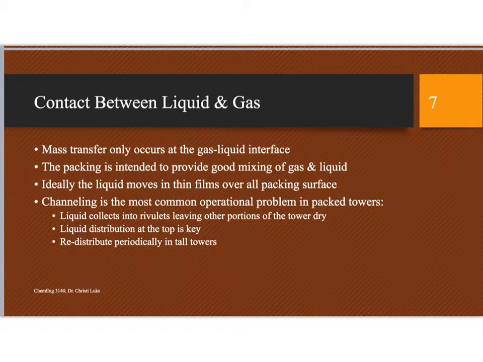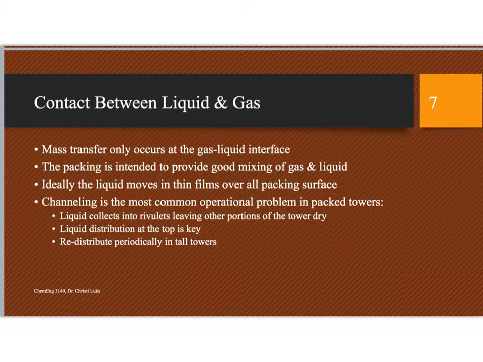Now ideally what's going to happen is the liquid will move in really thin films over the entire packing surface, and the gas will then mix as it comes around those thin films. The most common operational problem in a packed tower is channeling. And channeling means that the liquid begins collecting into little rivulets that leave portions of the tower dry.